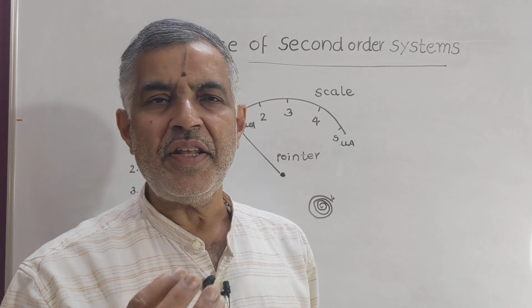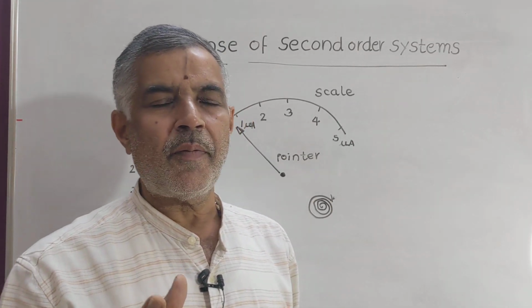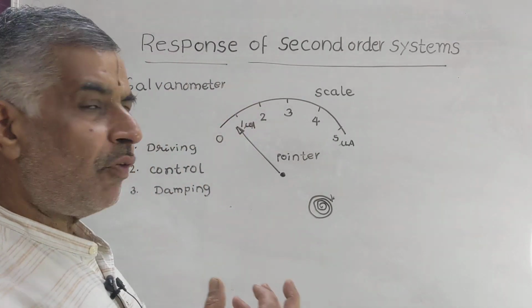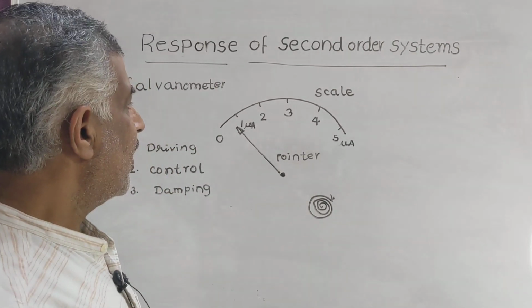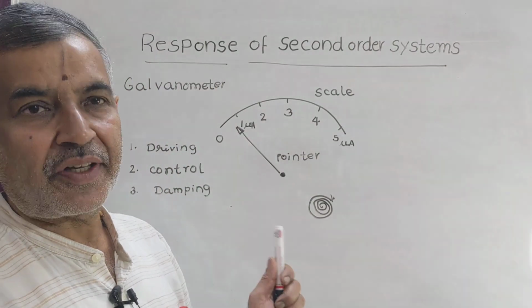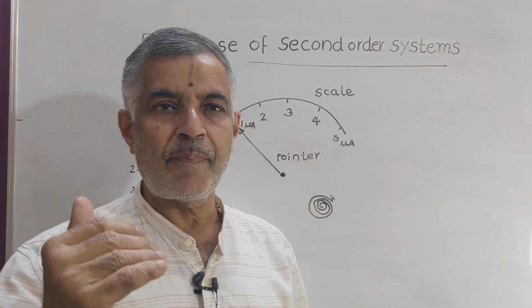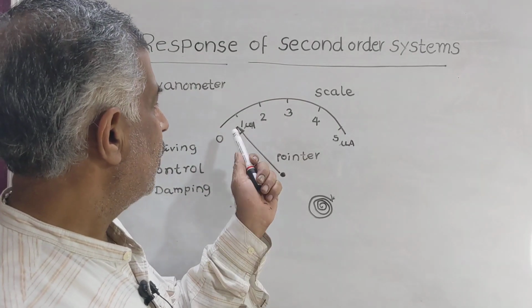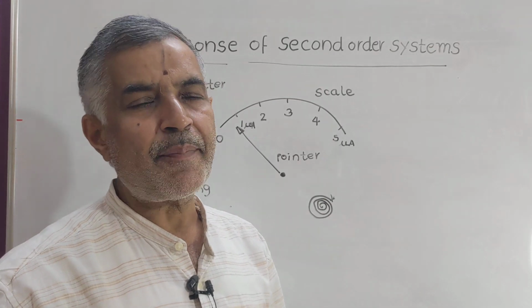So you have to wait for the pointer to settle. So the waiting is a waste of time. So we have to introduce a third type of force, what is known as a damping force. And this damping will act along with these two forces and it kills oscillations. So the system takes minimum time to settle at any of these positions. So that is called as damping force.